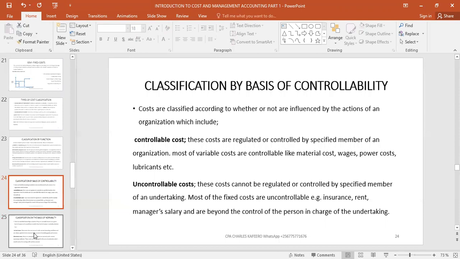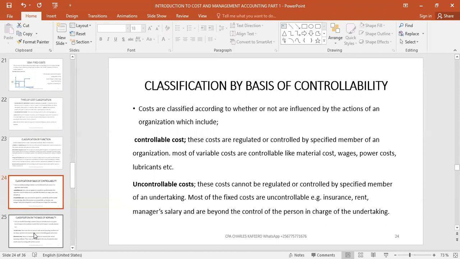Those costs are incurred to the extent that they can be controlled by the organization, or they are influenced by external factors and cannot be controlled. So we look at them in two ways: the controllable costs and the uncontrollable costs.